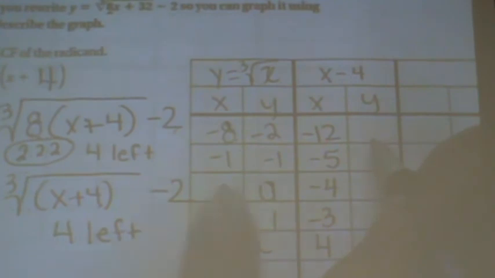What do I do with my y values? You leave them. Okay, what's the next step I do? Take your y value and you multiply it by 2. What y values am I talking about? These y values. What do you get when you multiply these y values by 2?